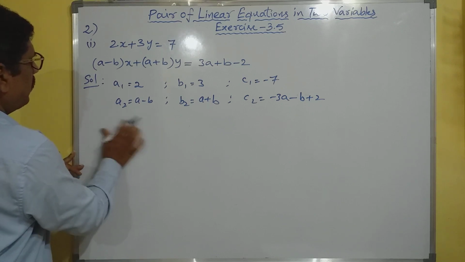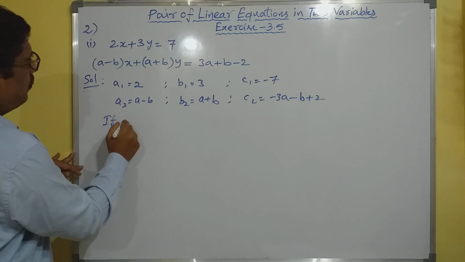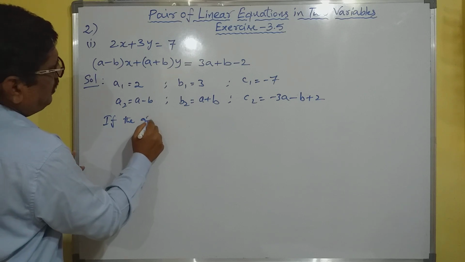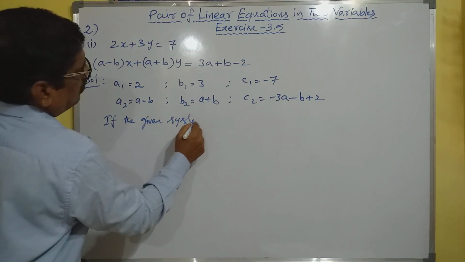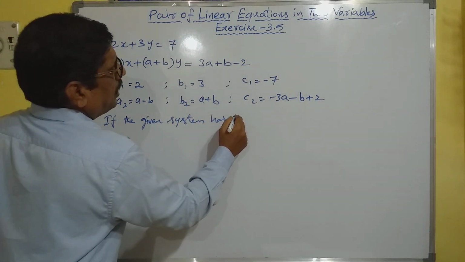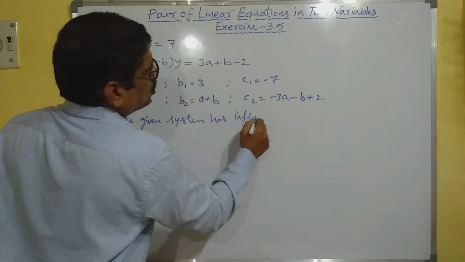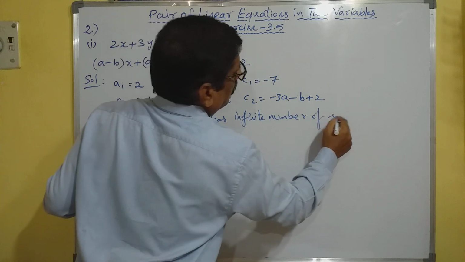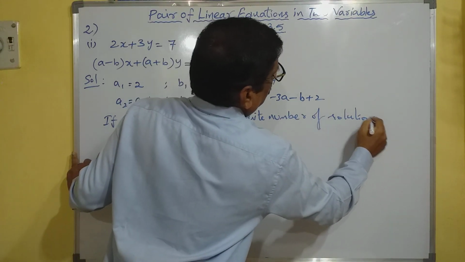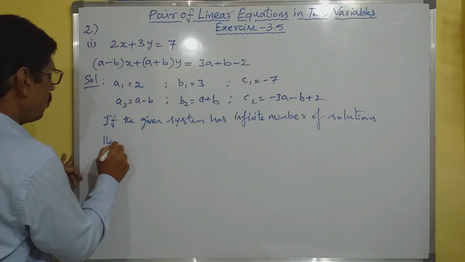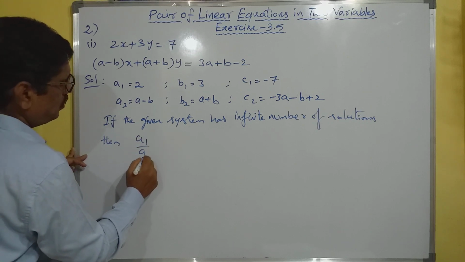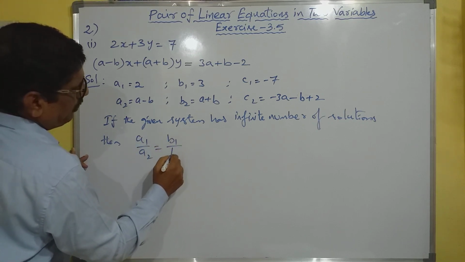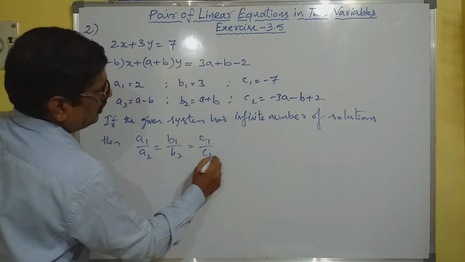Actually, if the given system has an infinite number of solutions, then what should happen? a1 by a2 must be equal to b1 by b2, which is equal to c1 by c2.